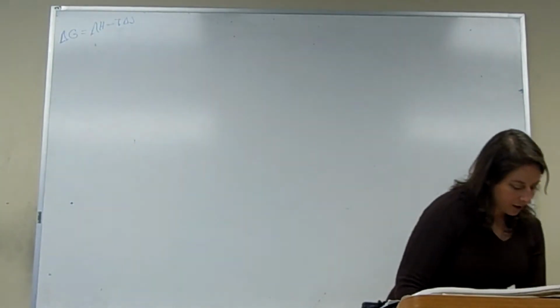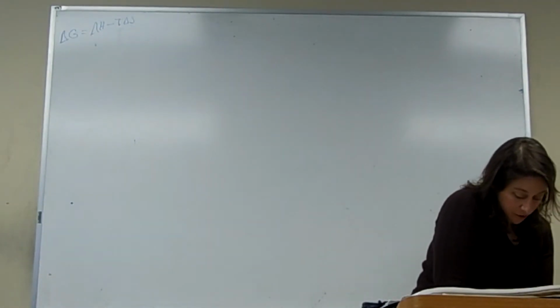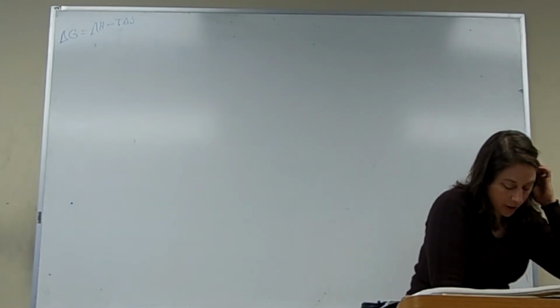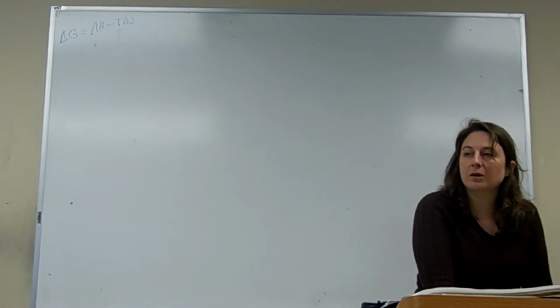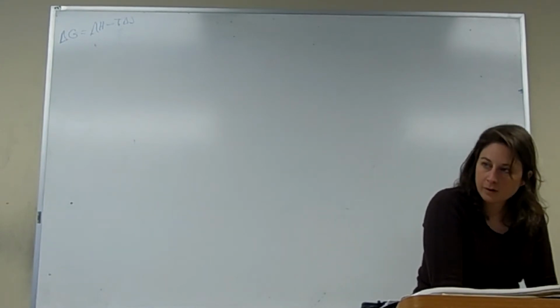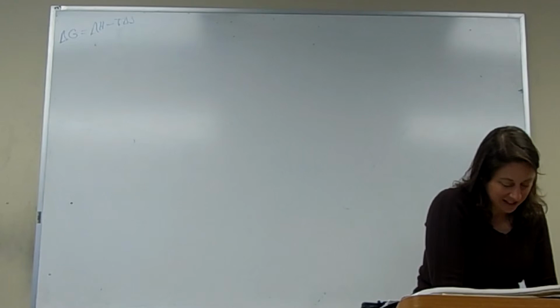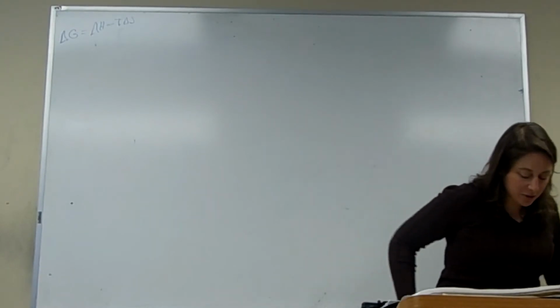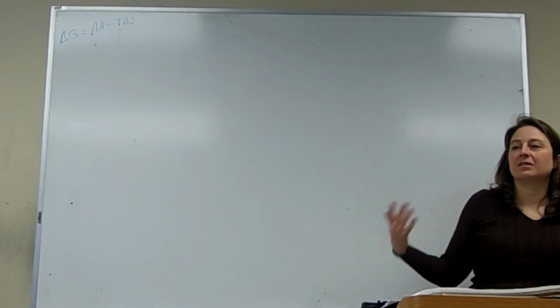Delta S, so entropy, is negative 324 joule per mole Kelvin. So negative entropy, are we becoming more or less orderly? Less orderly. So we have an exothermic reaction that's becoming less orderly. That makes sense, at least, right?